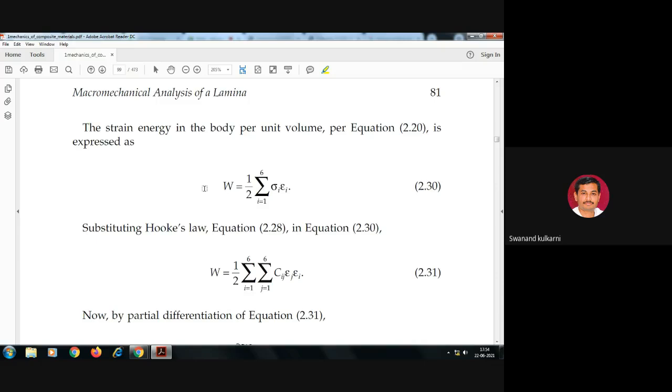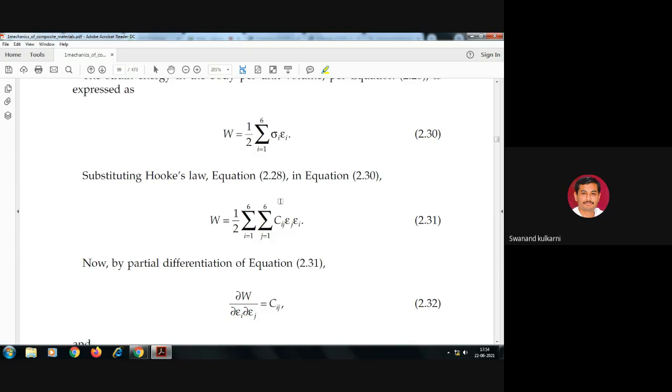Is it okay? So we all know that whenever identifying the strain energy, we always take the addition of the corresponding stress into strain multiplication, and we take half of that. So half summation i is equal to 1 to 6 sigma i epsilon i is here. Is it okay?